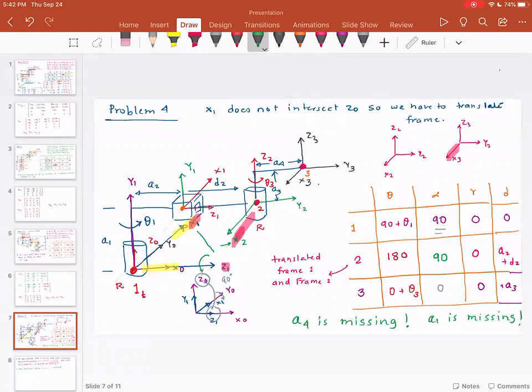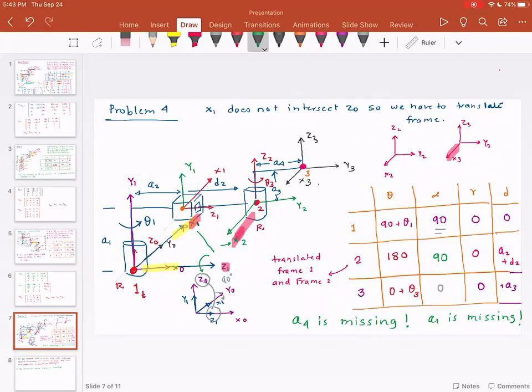In some cases, it's possible to orient the coordinate frame so that the important dimensions of the robot do not coincide with the y-axis. It could be y0, y1, y2, but it may not always be possible.